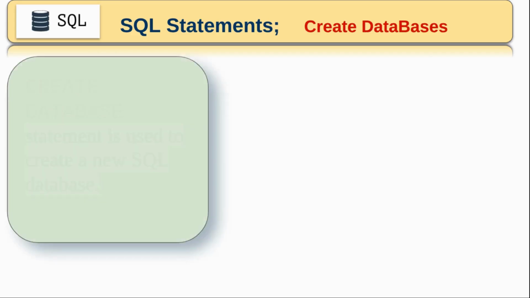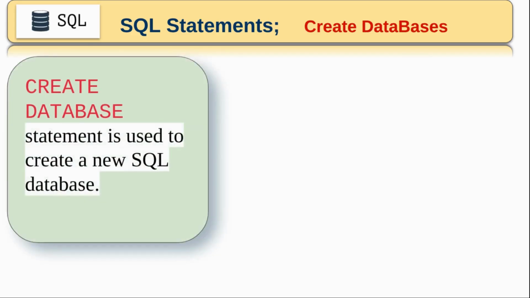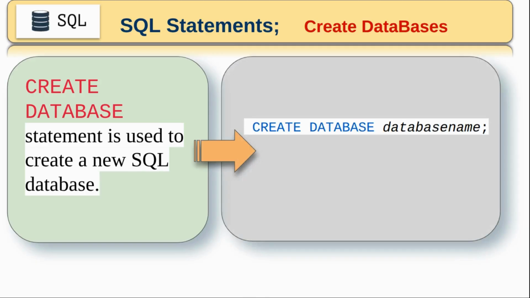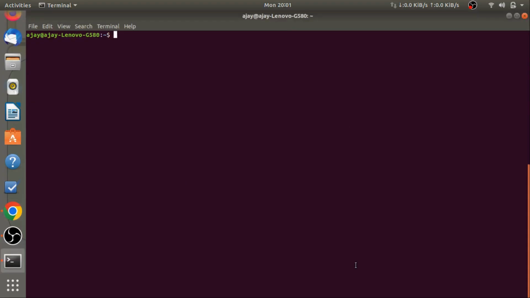So the first point is how to create a database. This statement is going to be used to create a new SQL database, and that is CREATE DATABASE and the database name, right? So let's see on the terminal how it works.